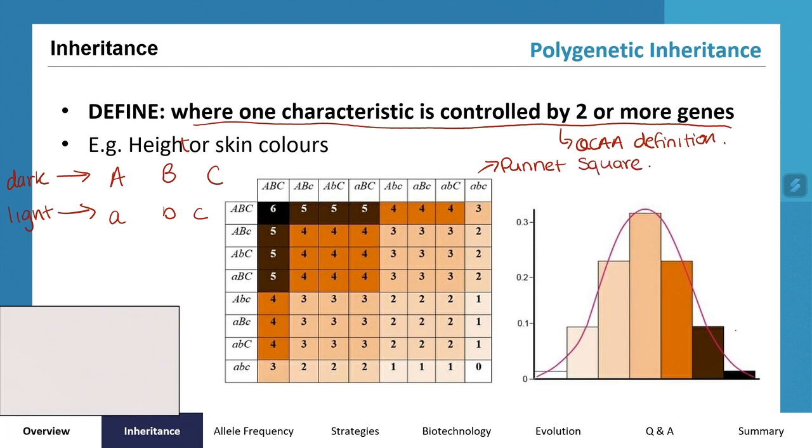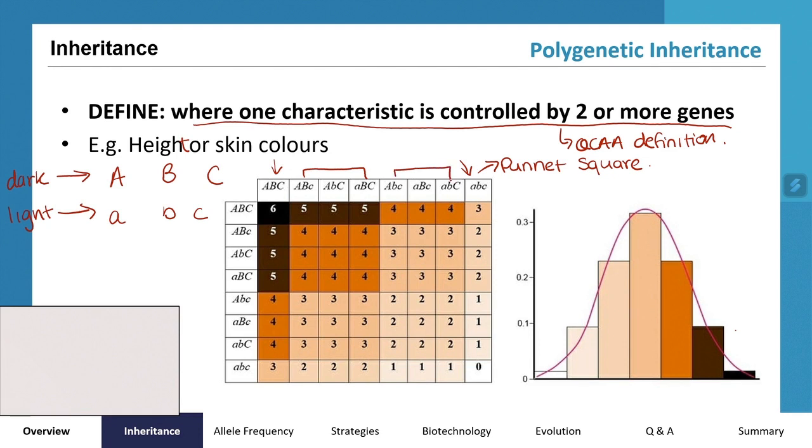All of the parent genotypes could be one copy of each of the genes. So you could inherit all of the dominant genes from your mother and father, or you could inherit all of the recessive genes, or any combination of two dominant genes and one recessive, or two recessive and one dominant.